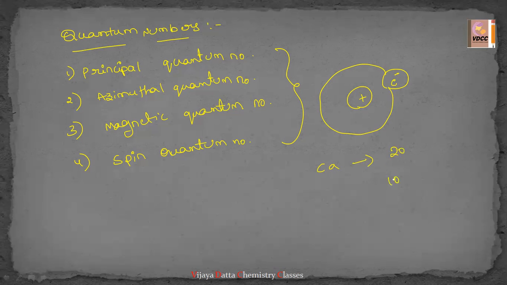Suppose I want to know where the 10th electron of calcium exactly is present. I can identify that by using these quantum numbers. So easily we can say that to address the electron, where exactly it is present in an atom, these four quantum numbers help us.